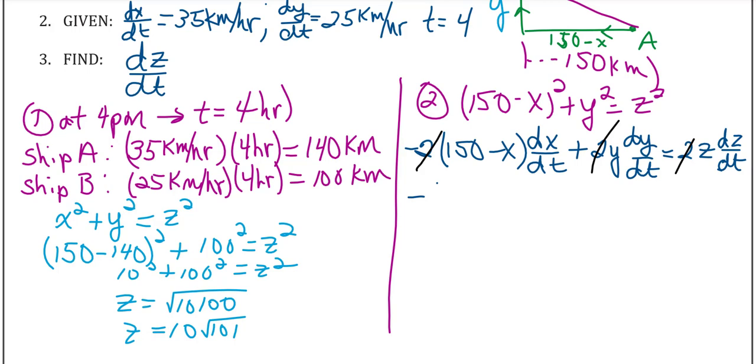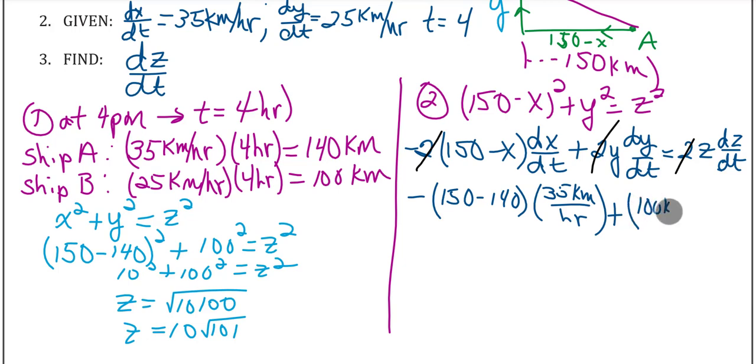So I'm going to have -(150 minus 140), and dx/dt is 35 kilometers per hour, plus my y, which was 100 kilometers, times 25 kilometers per hour.